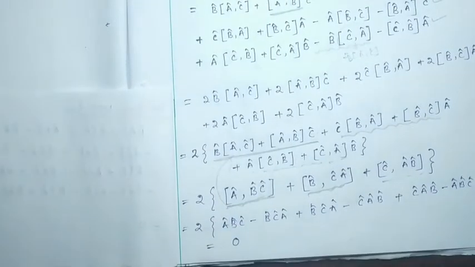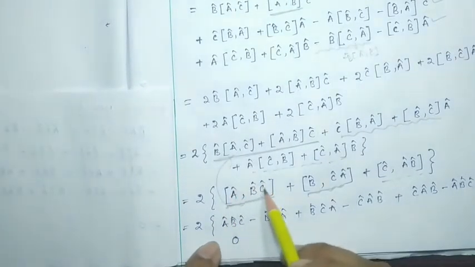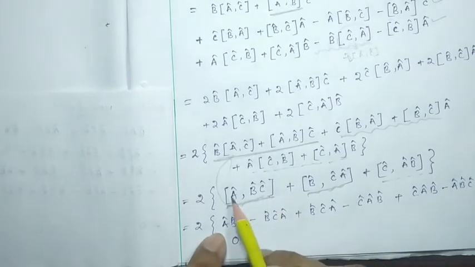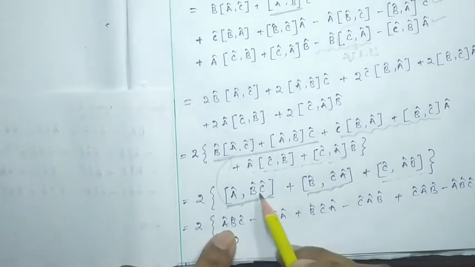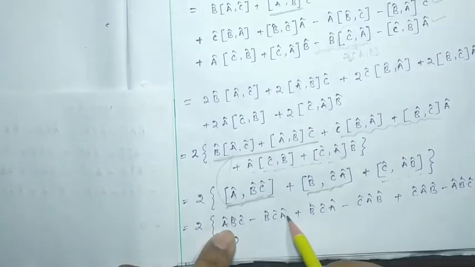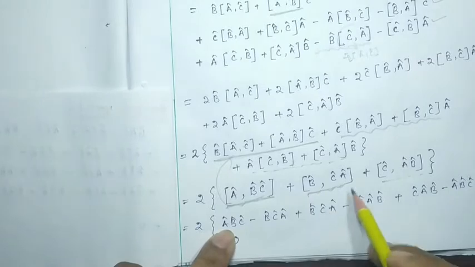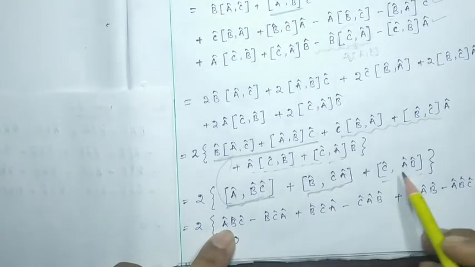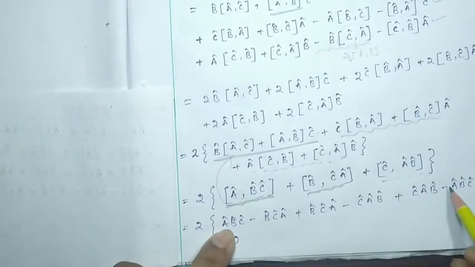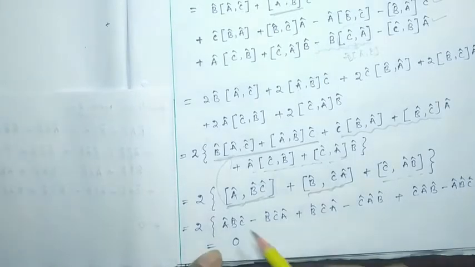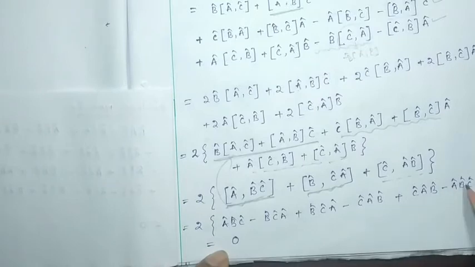So hence now we can put the simple commutation rule, that is ÂB̂Ĉ minus B̂ĈÂ. For this one, this is B̂ĈÂ minus ĈÂB̂. Here ĈÂB̂ minus ÂB̂Ĉ. So each and every term has another negative term, and it will be cancelled out.